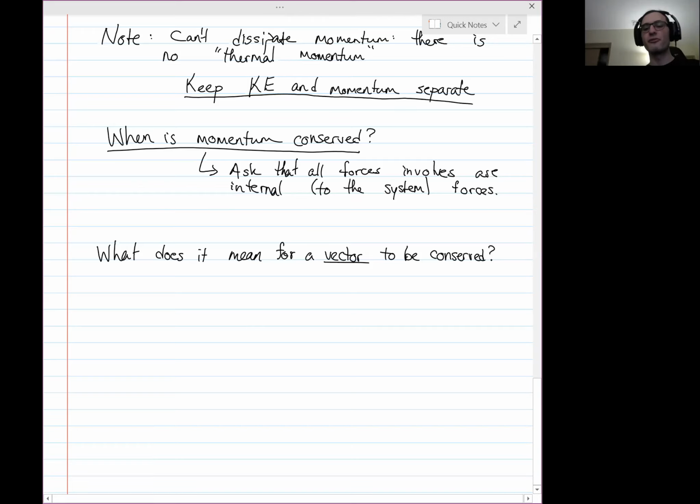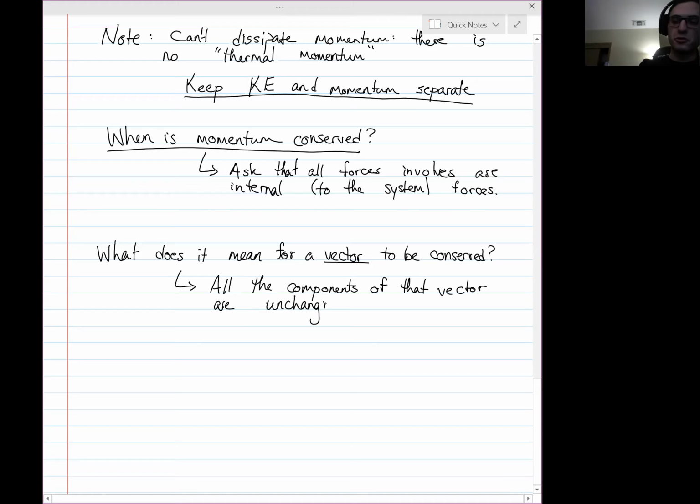And so when we say a vector is conserved, what we mean is that all the components of that vector are unchanging. So if a vector is conserved, like momentum is, it means that the x component, the y component, and the z component of that momentum all have deltas that are 0. Like the delta px is 0, delta py is 0, and delta pz is 0.